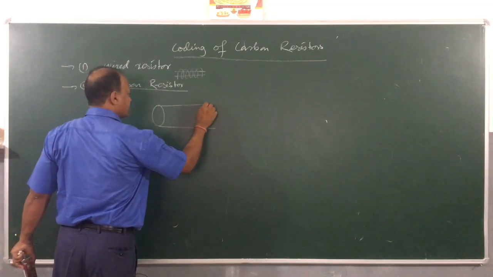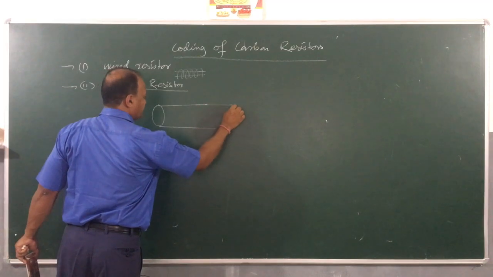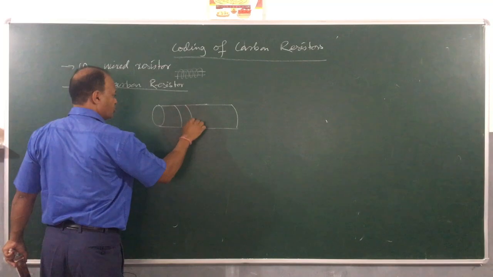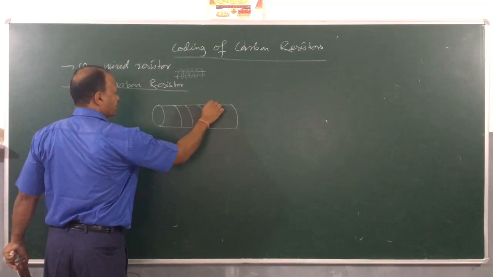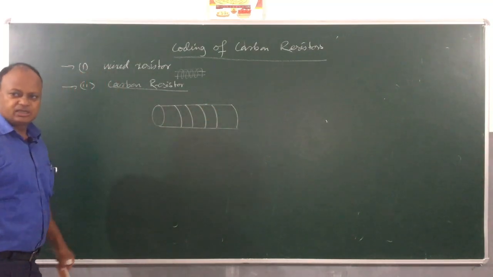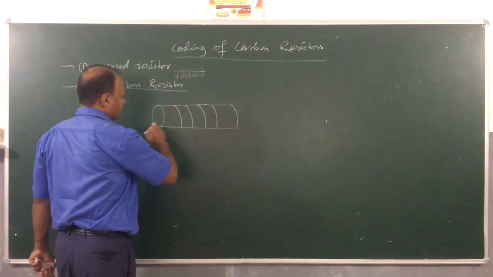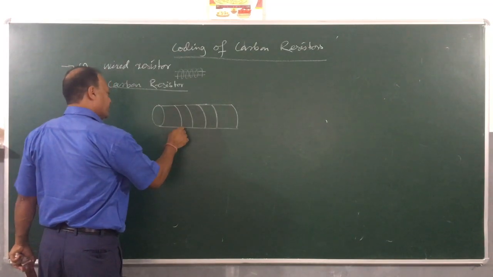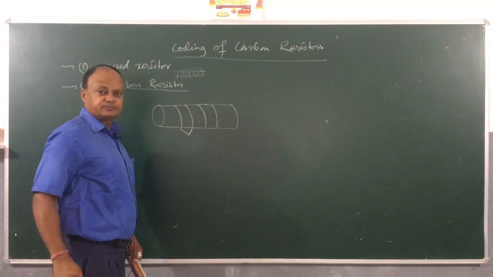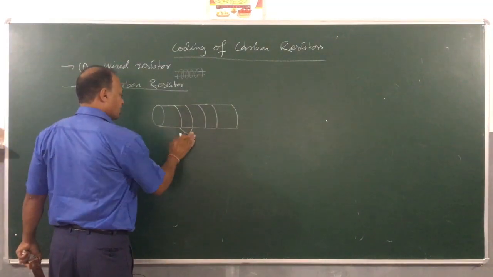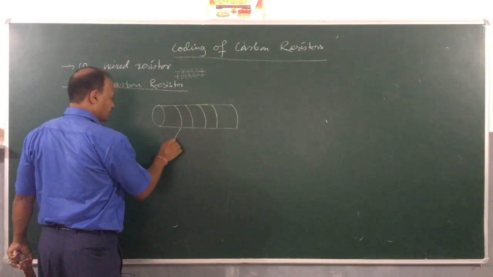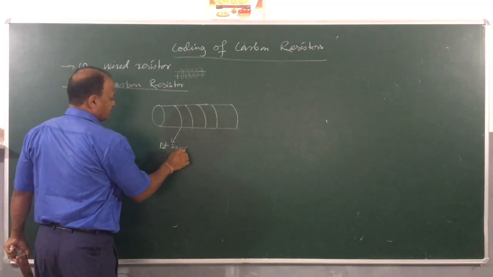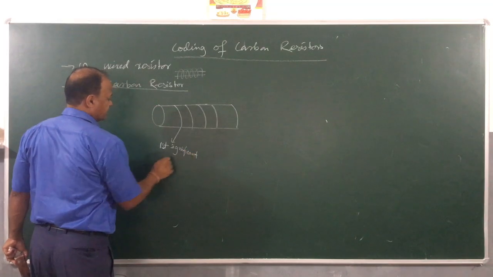On this carbon resistor, there are 4 stripes: 1, 2, 3, 4. We will generally look from left to right. The first stripe gives the first significant figure.